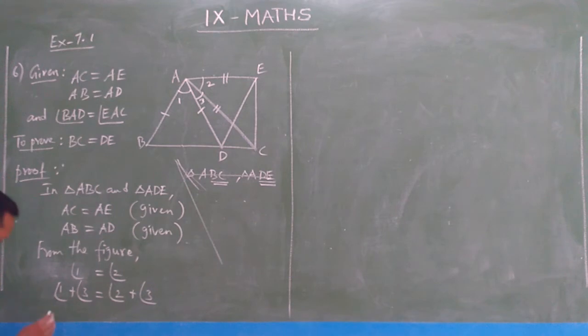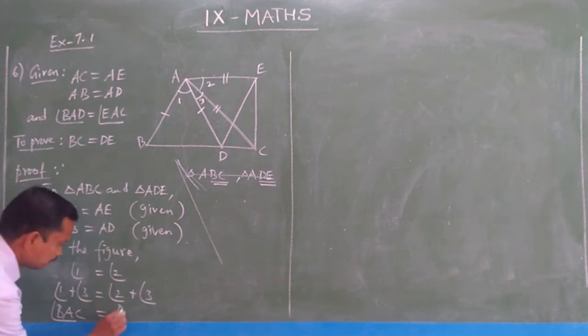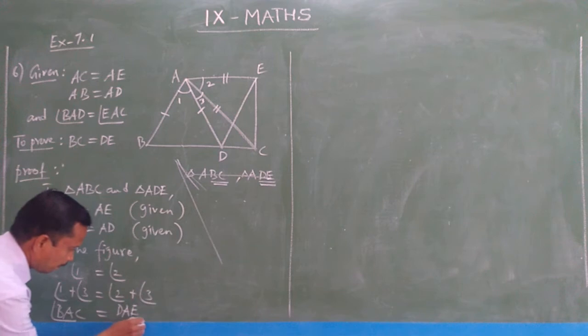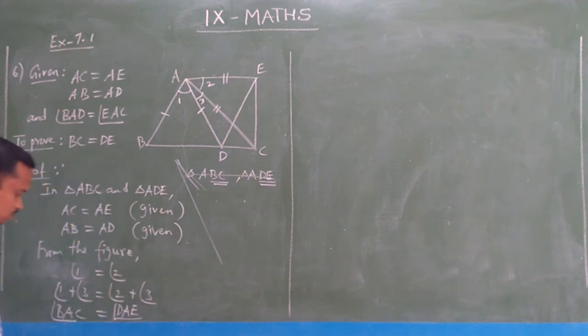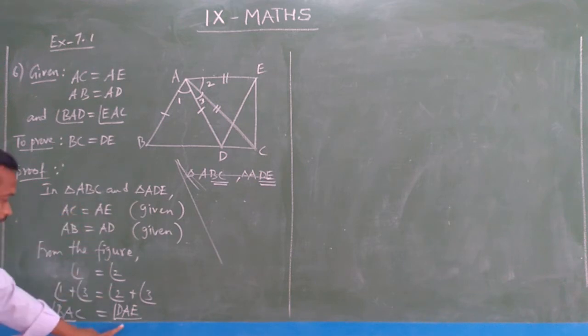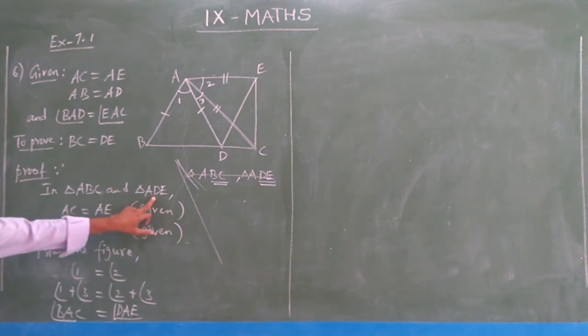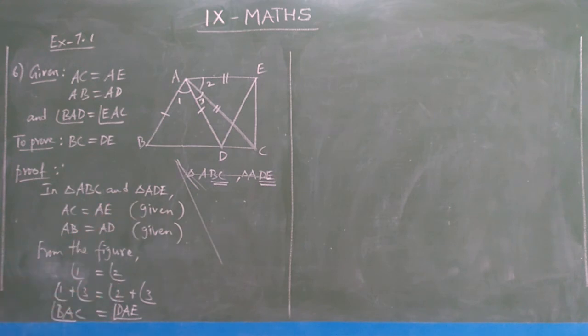BAC is equal to 2 plus 3, meaning DAE. Look here, BAC is equal to DAE. Now we got it. BAC is in this triangle, and angle DAE is in this triangle. So one pair of angles is equal.